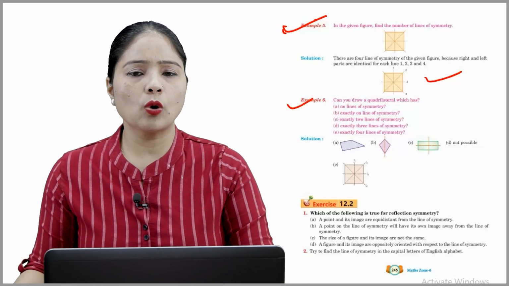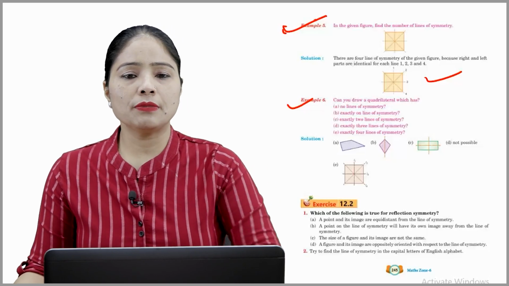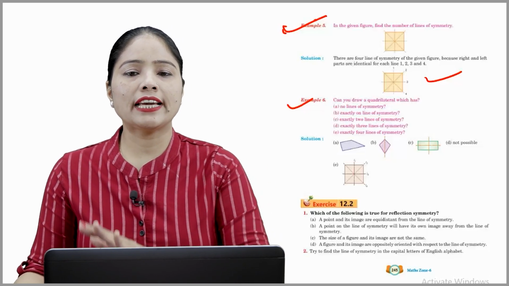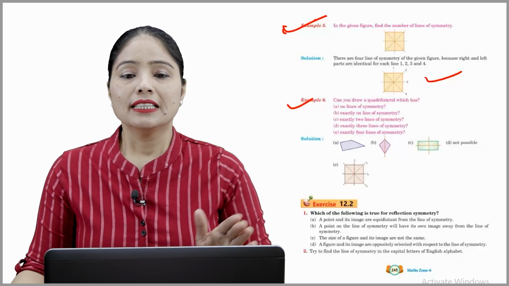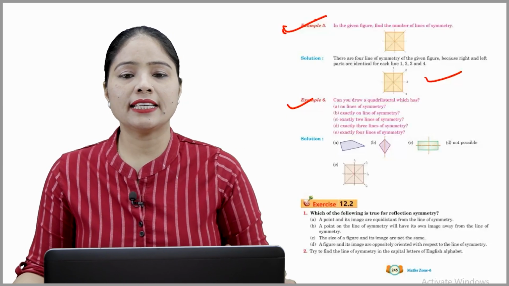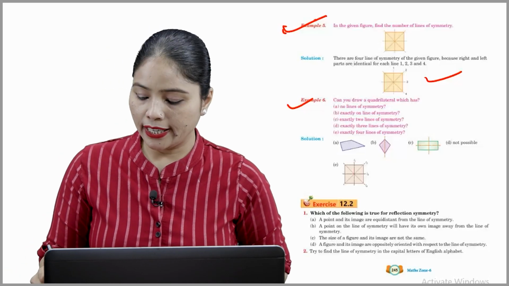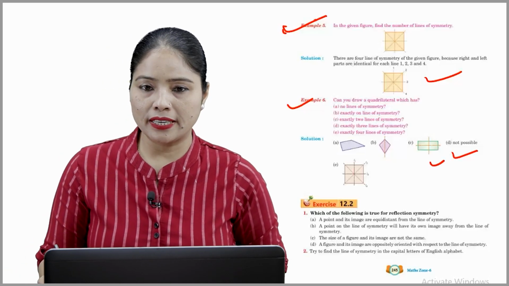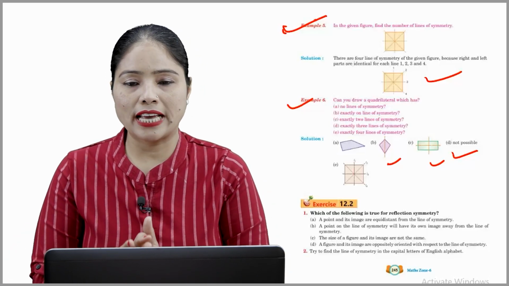Can you draw a quadrilateral which has no lines of symmetry, exactly 1 line of symmetry, exactly 2 lines of symmetry, exactly 3 lines of symmetry and exactly 4 lines of symmetry? So yes, we will say not possible for some of them. Its symmetry is being made, its symmetry is being made. For this you just do practice for that one beta.